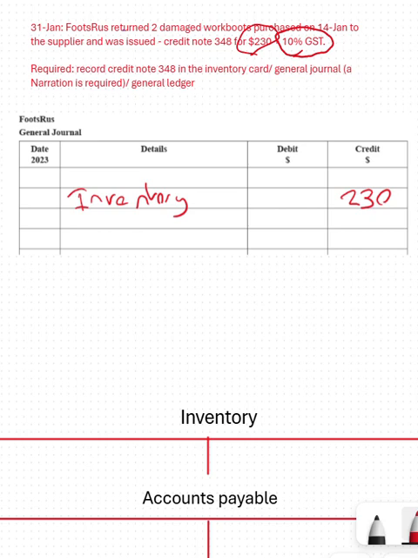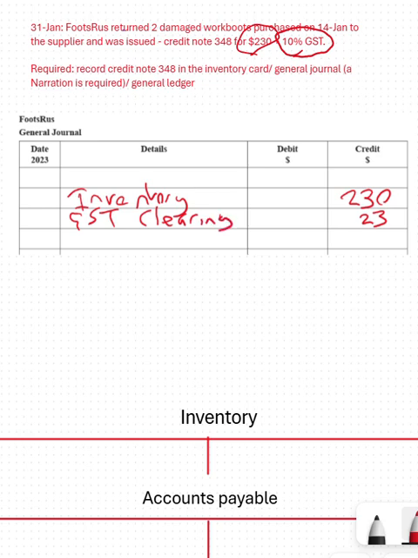When we had the purchase, that would have been a debit entry to our GST. It reduces our GST clearing liability to the ATO. So we need to reverse that given we've returned those 2 units. So we take 10% of that 230, and that's going to be a credit entry. It's actually increasing our GST liability to the ATO.